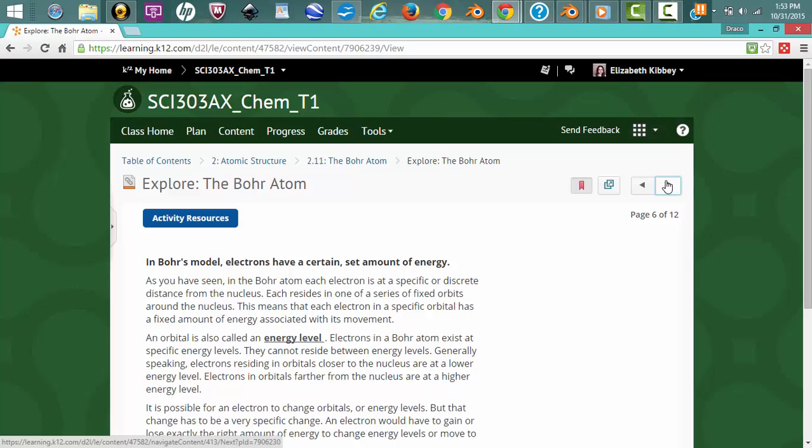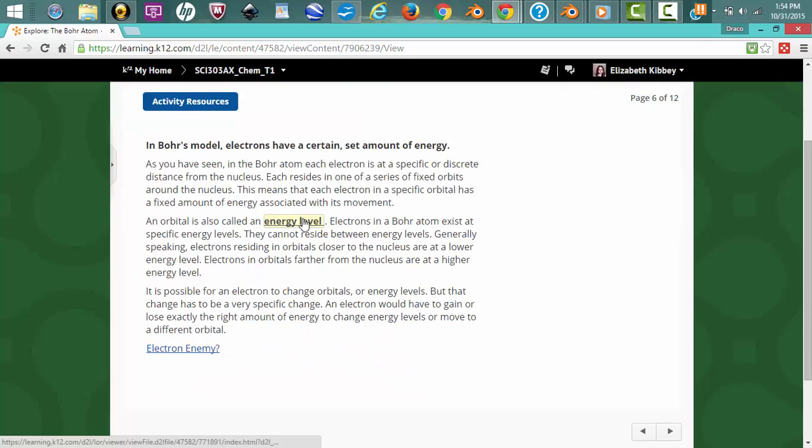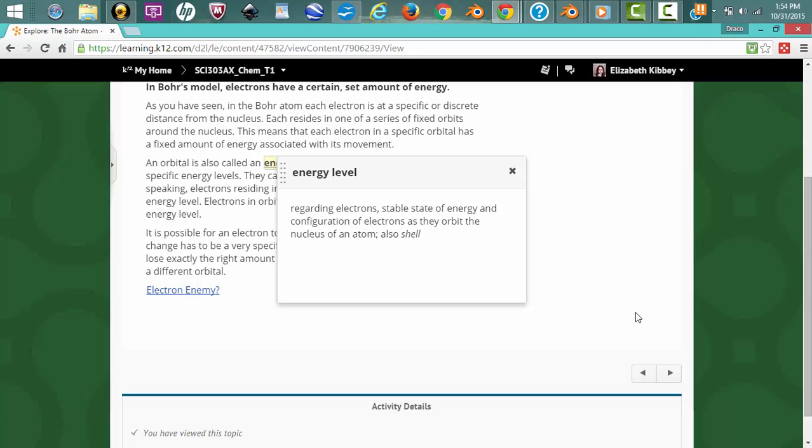Okay. In Bohr's model, electrons had a certain set amount of energy. That is called an energy level. Regarding electrons, it is the stable state of energy and configuration of electrons as they orbit the nucleus of an atom, also called a shell.